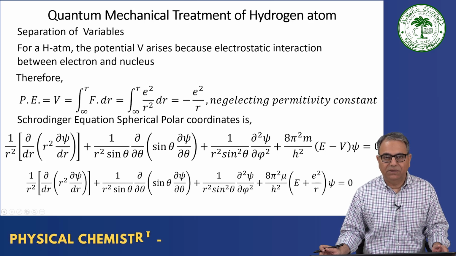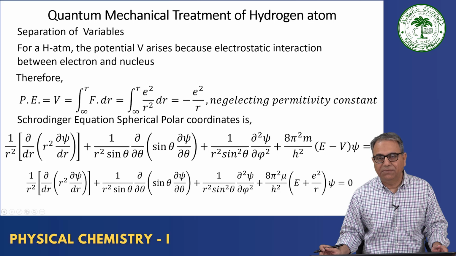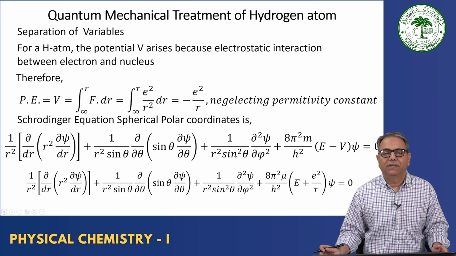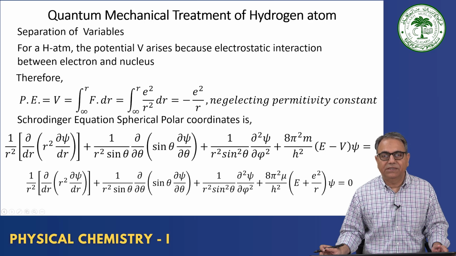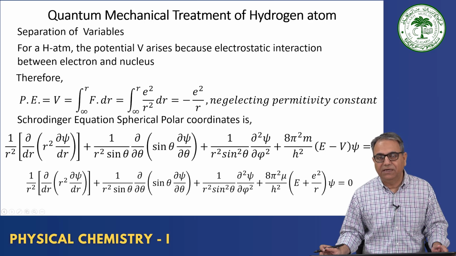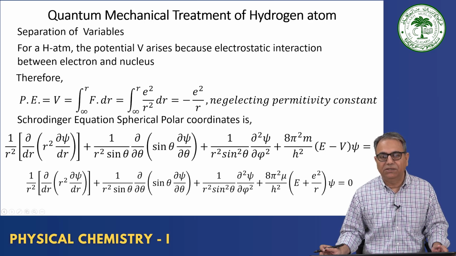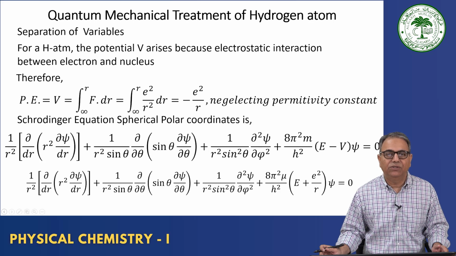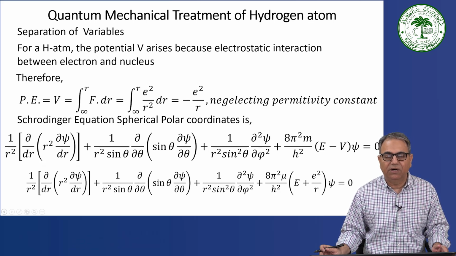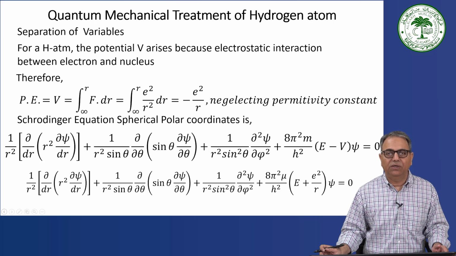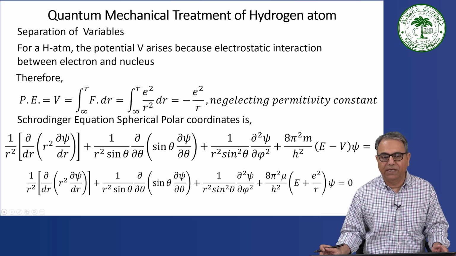Because the basic principle of quantum mechanics is that you cannot talk about the trajectory, because trajectory specifies the position and the velocity, and the uncertainty principle tells you that you cannot talk about the trajectory. So the concept of Bohr's model that the electron is rotating around the nucleus does not hold good in quantum mechanics.